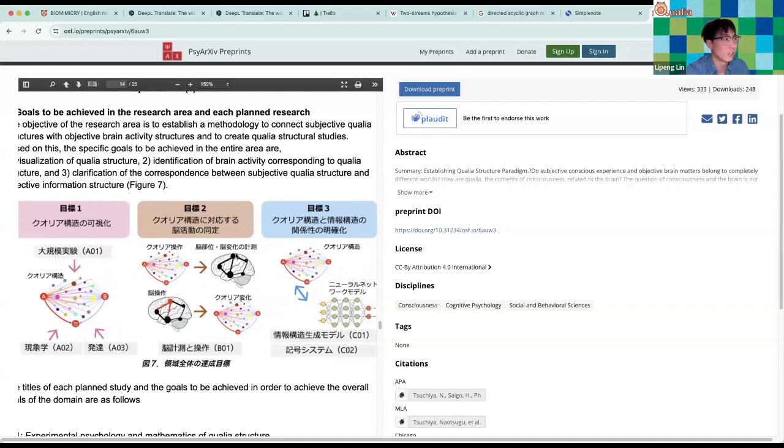So that is the second objective of the qualia structure. That's why they are trying to map or compare, for example, similarity rating and fMRI data. Did that explain a little bit? I'm not sure.